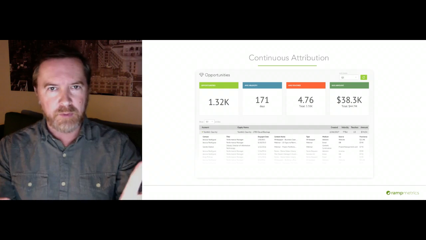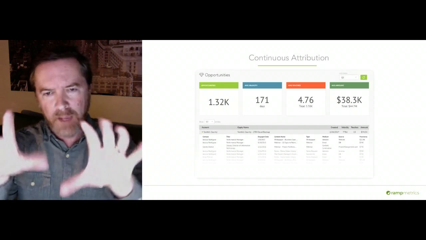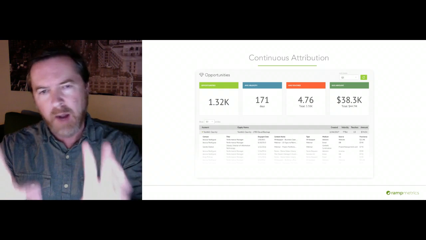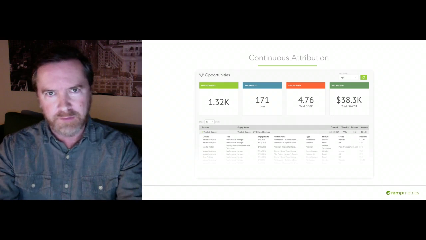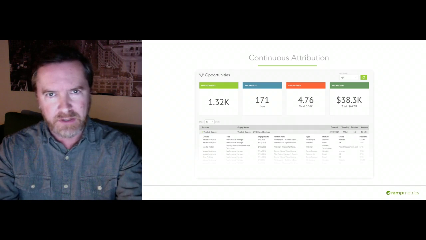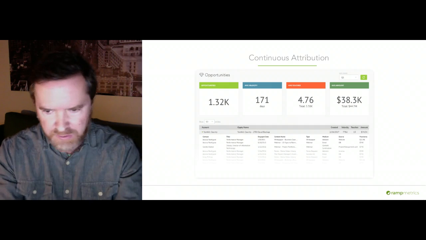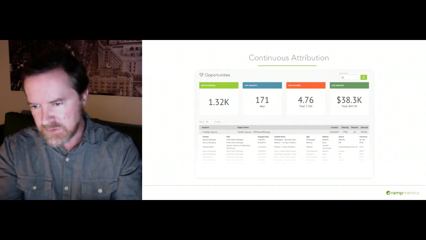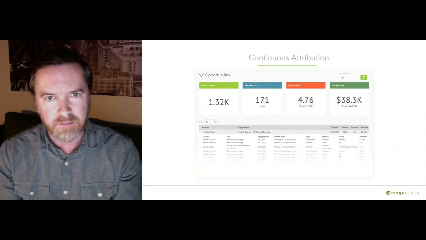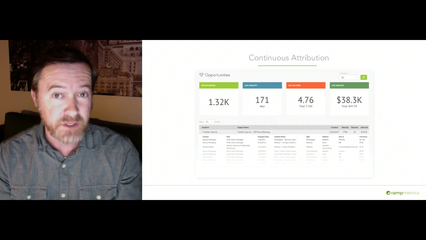This is an example of one of our screens where it all comes together, and we produce an opportunity journey. We're very transparent about the way the data works; we show the way the math is done, so that you see the number of people, you see the touches, you can see the first and the last, the velocity. You can see we actually show the way the attribution is distributed across the touches.